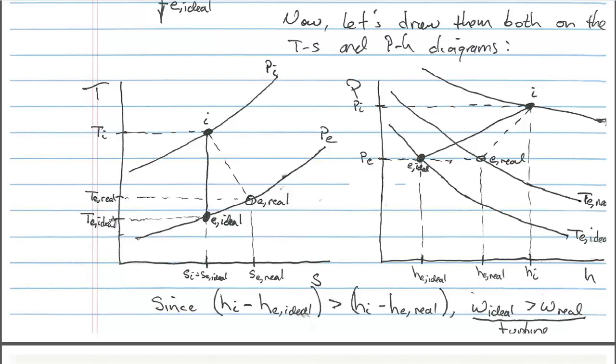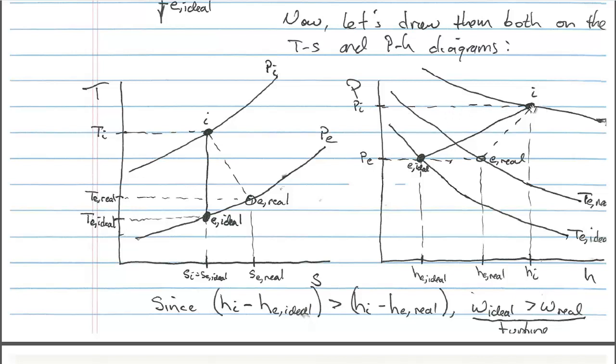So let's use that information, the information that the ideal exit state temperature is less than the real exit state temperature, and let's look at our pH diagram. So we still have our inlet conditions. So this is our line of constant temperature at the inlet. Again, I apologize that got cut off there. And we have our line of constant pressure at the inlet state.